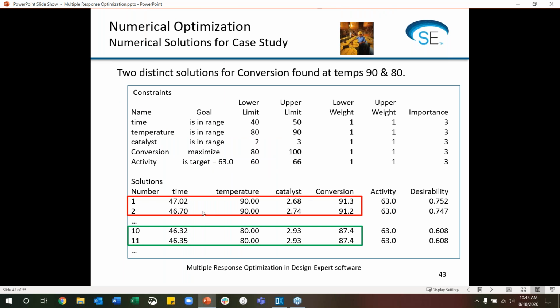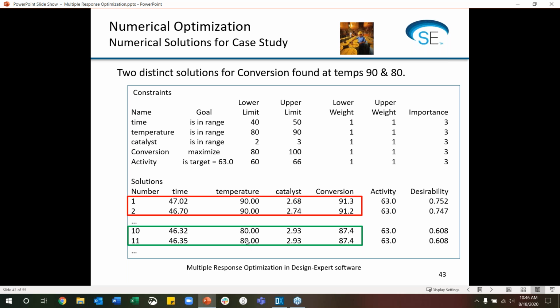So back to our case, we found two distinct solutions, at 90 degrees and at 80 degrees. You can see that the time varies just a tiny little bit, by 0.3 minutes, and catalyst varies by like 0.06.